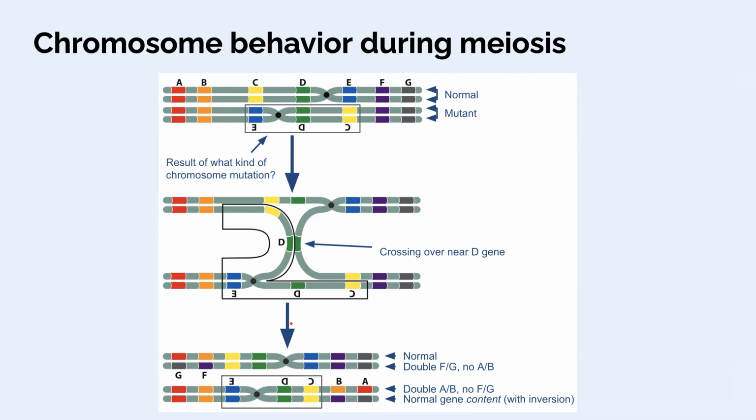So as a result of that, we get a pretty wide variety of chromosomes here. So we got the normal version on the top. We have one that got extra F and G as a result of that crossing over. We got one that got extra F and G, but no A and B. This one got extra A and B, no F and G. And then the bottom one still has, as it says there, the normal number of genes, but it still has that inversion relative to the normal gene position.